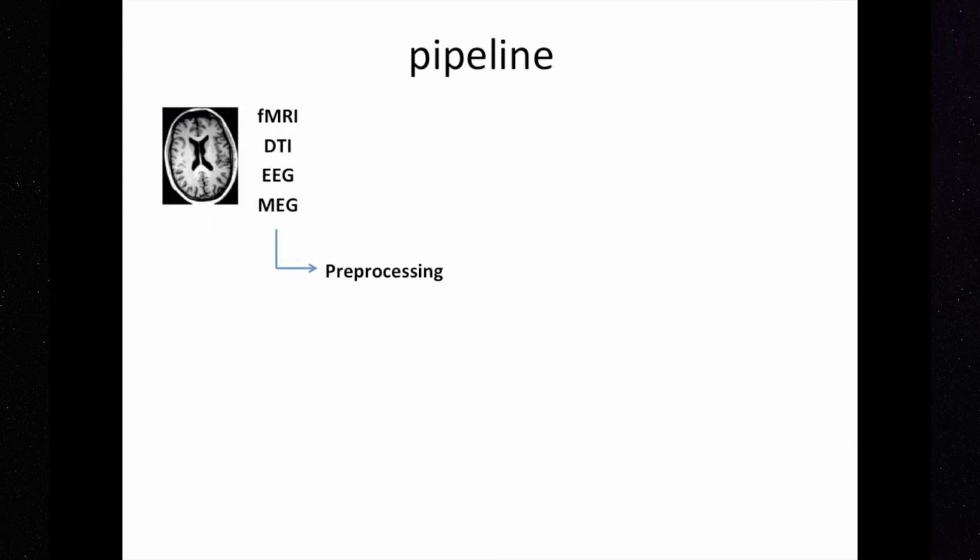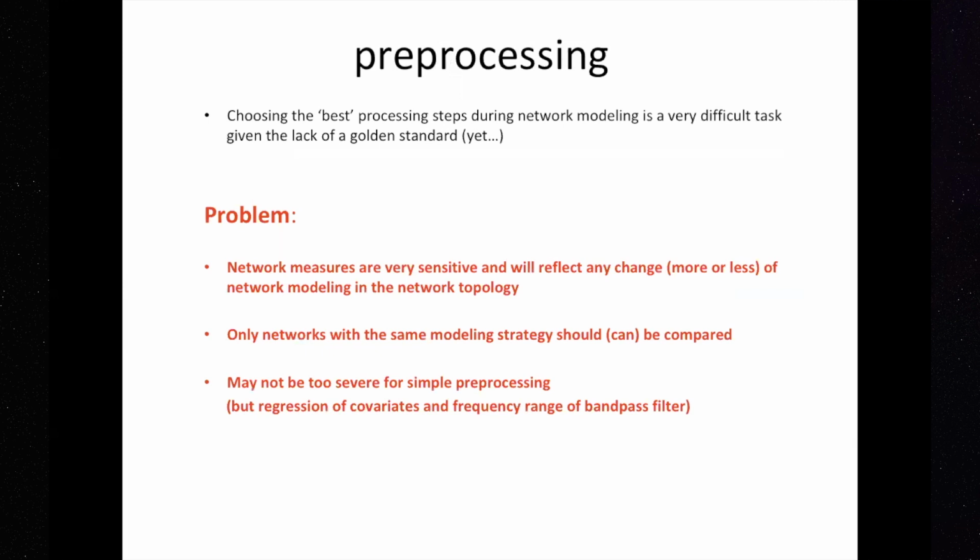Right now I'm going to speak more about fMRI, specifically resting state data, because this is more my area of expertise. And here the problem is that it's not easy to choose the best pre-processing steps during the network modeling, because there is no gold standard, at least yet, in my opinion, when screening the papers.